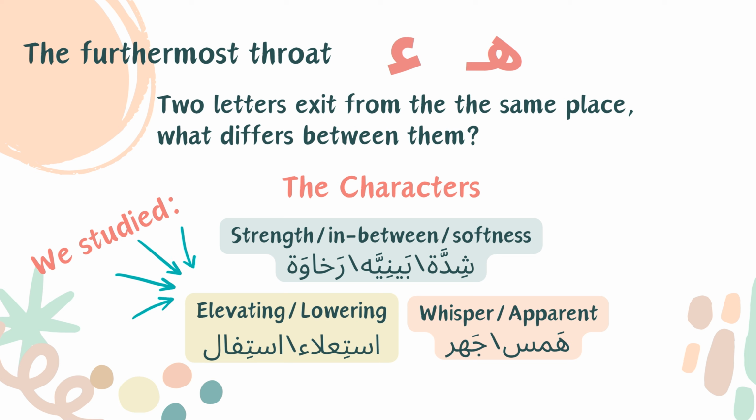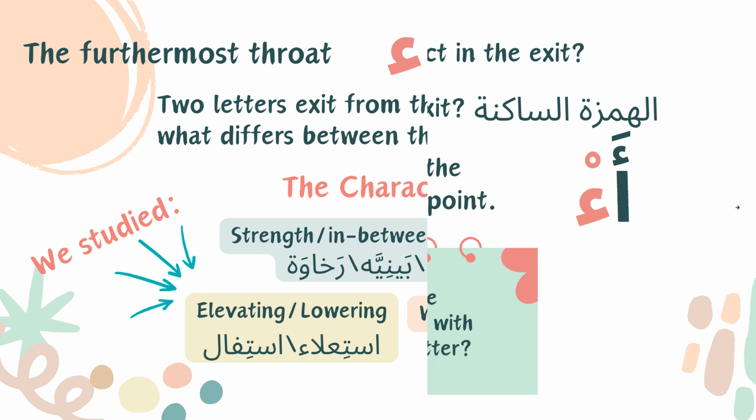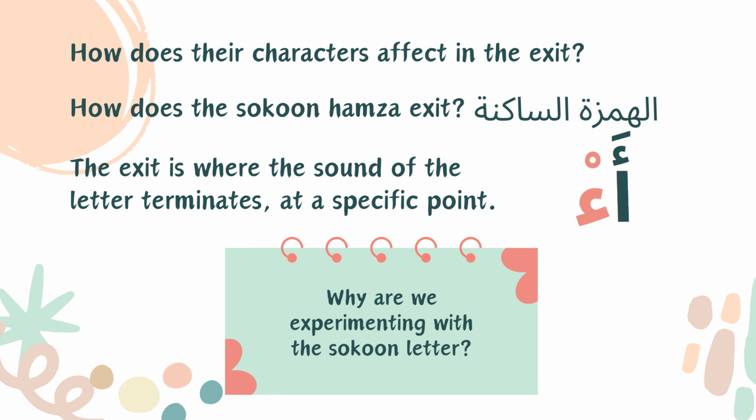And just as a reminder, it's either the letters are shadida or rikhwa or bayniyya. It can't have two at the same time. And here it's either this or that, apparent or whispered, elevated or lowered. Okay, so these are the ones we studied. How do their characters affect the exit?